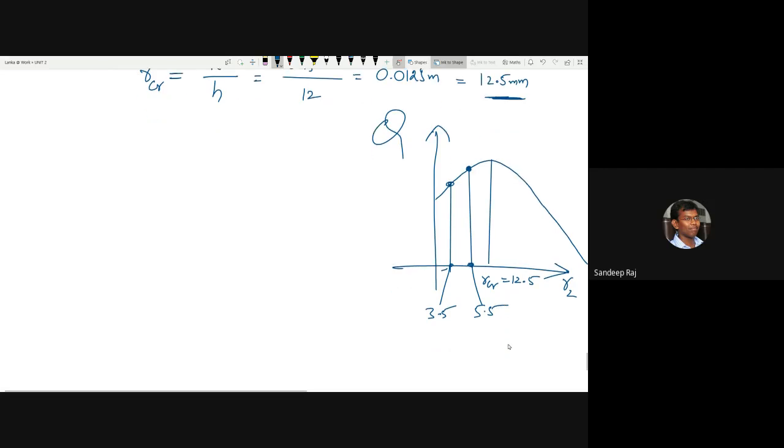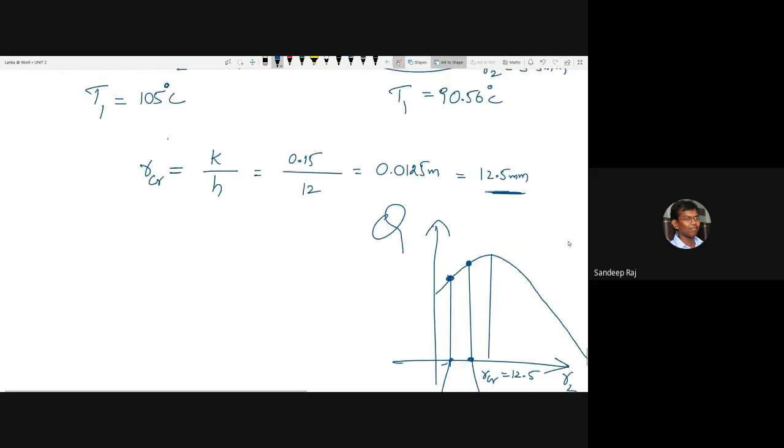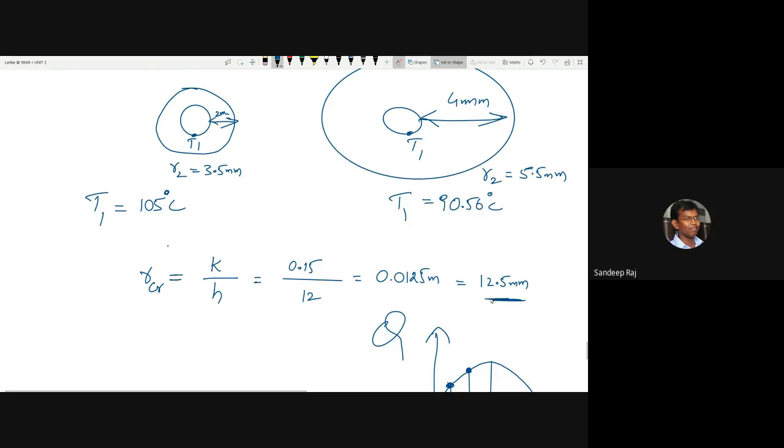Now, see, if this is the case, the heat transfer is going to increase and then decrease. So, since you have maintained here less than the critical radius of insulation, what is happening is here the temperature has decreased, meaning the heat transfer that is prevailing over the thickness has influenced and it has increased.